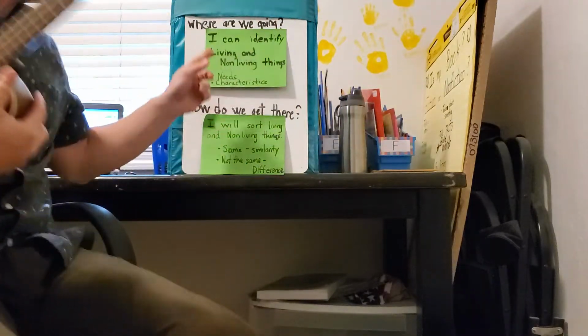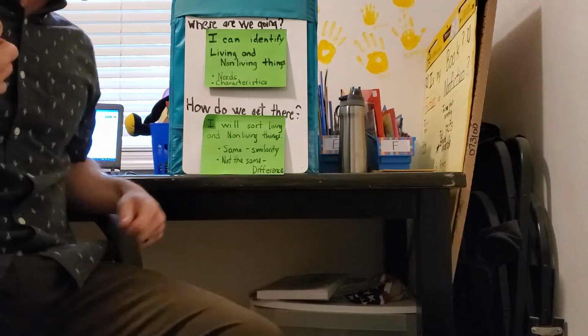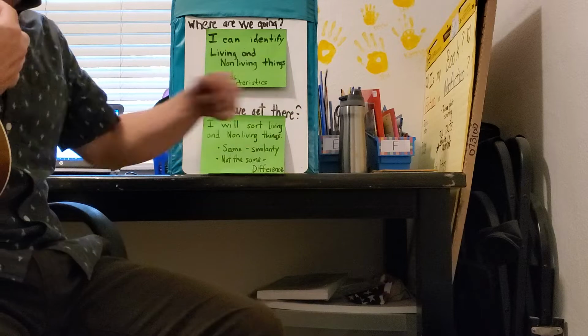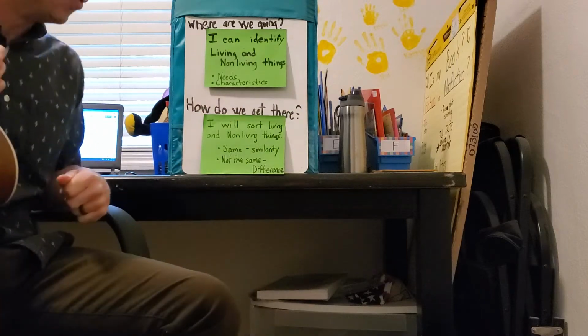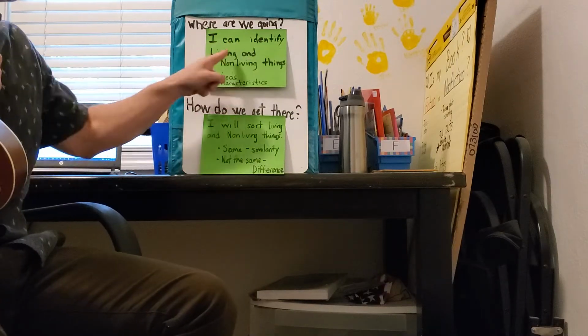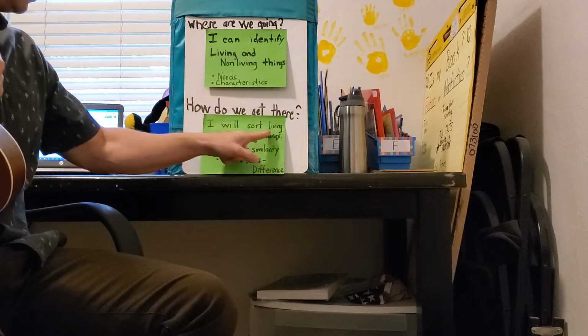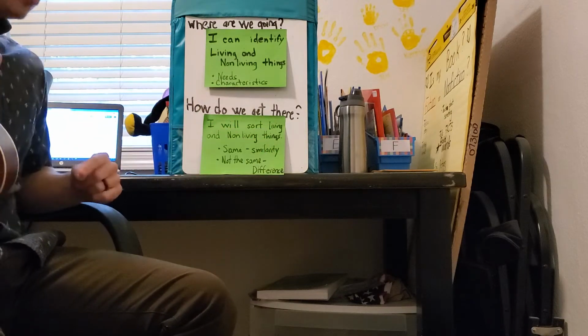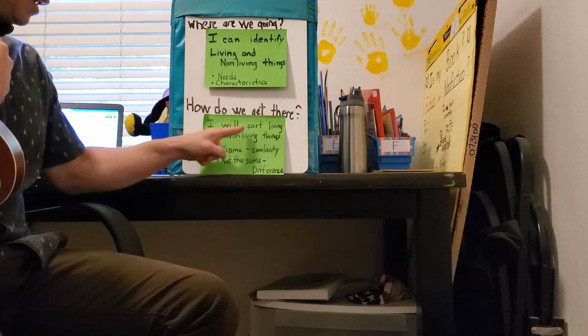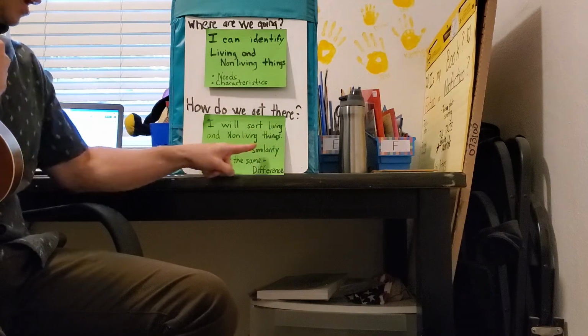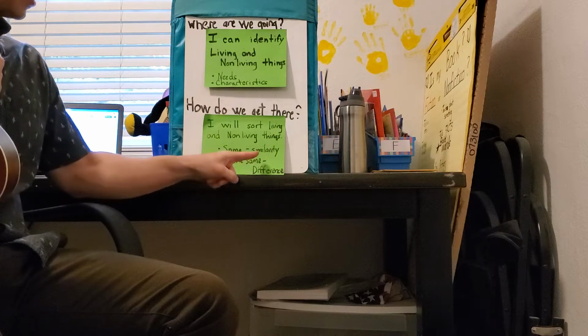So we know where we're going for science today, and then we're going to talk about how we get there. Once we are able to identify living and non-living things, we'll show what we know by sorting living and non-living things. We'll talk about what living and non-living things have the same, and then what is not the same.